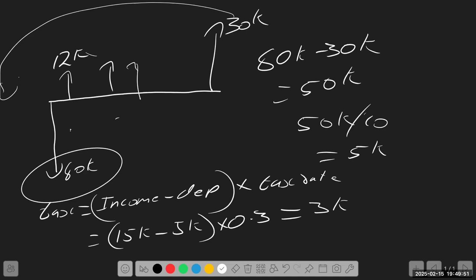And for the 30K, we'll bring it to the present value, using the future value factor. For this 30, it will come to 77,000.